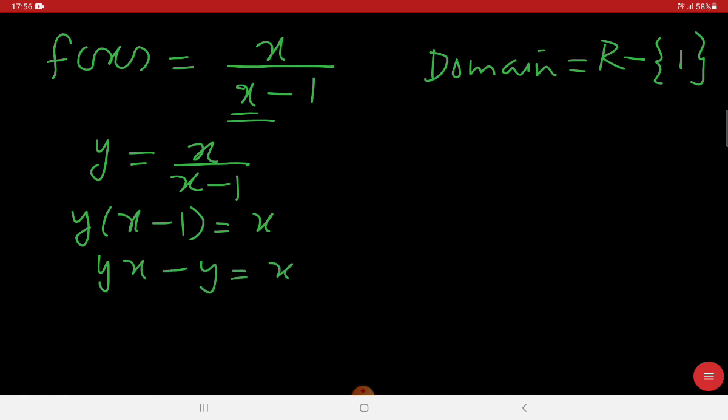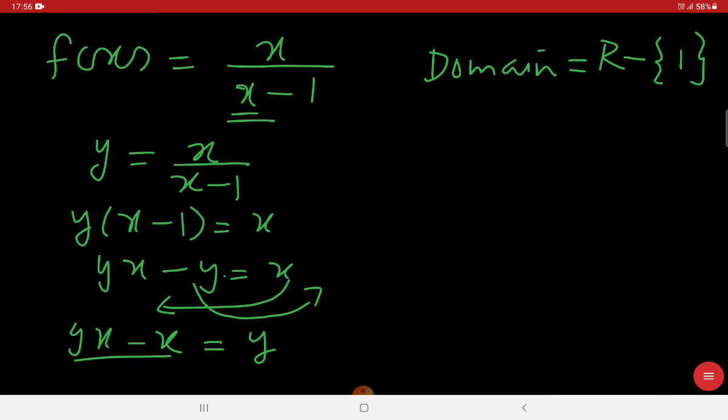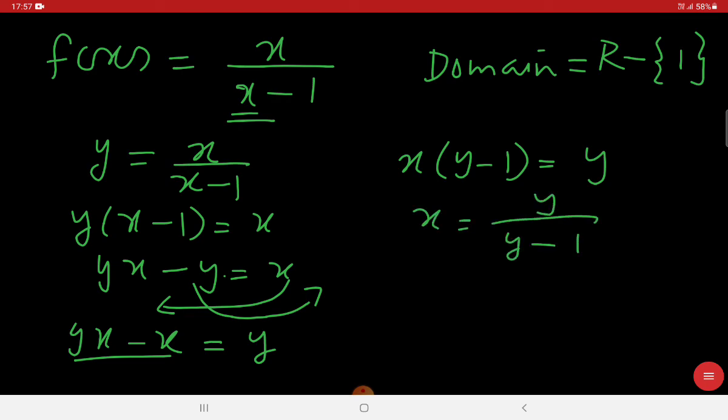Now we have to combine the x terms because we have to get x equal to. So take this x to the left side, minus y to the right side. So yx minus x is equal to y. Now take x common. So x into y minus 1 is equal to y. So x is equal to y by y minus 1. Okay.